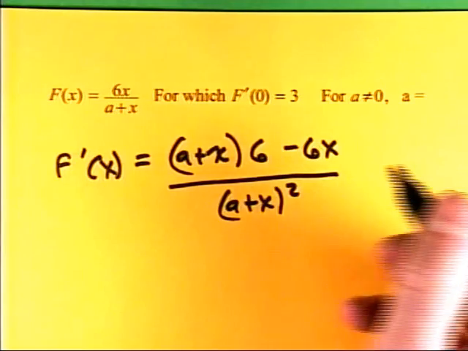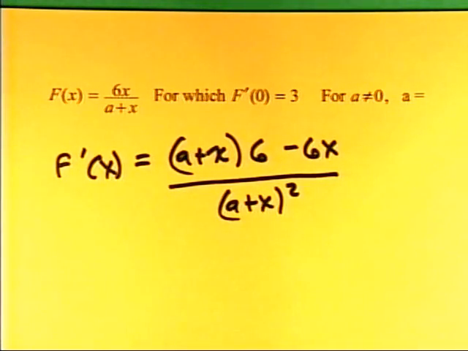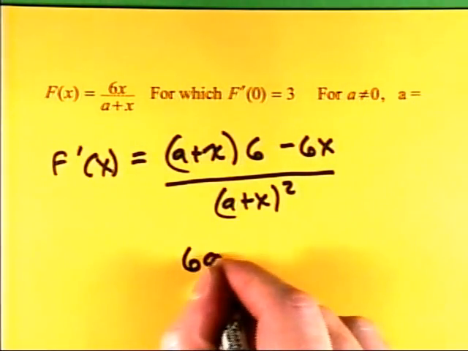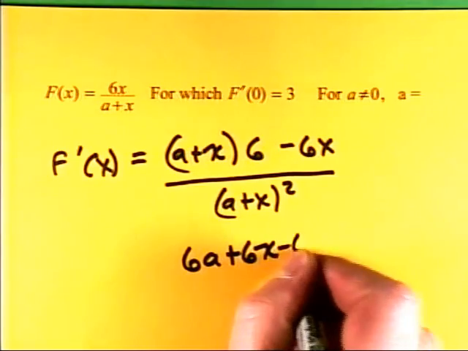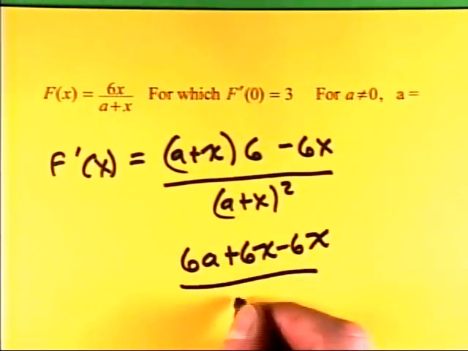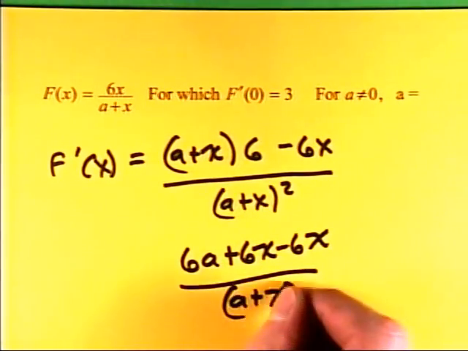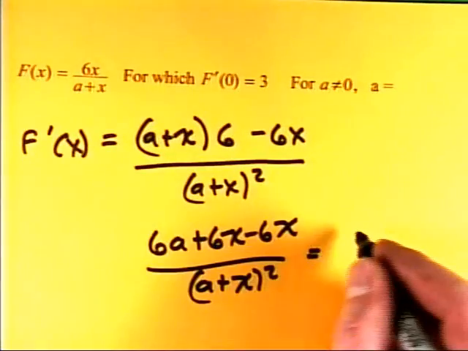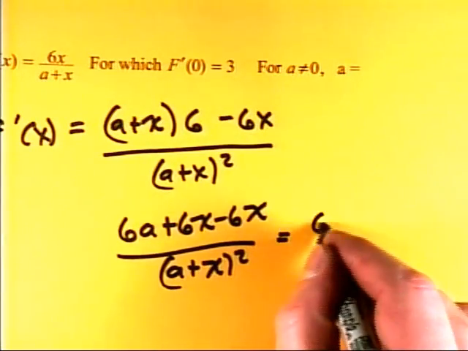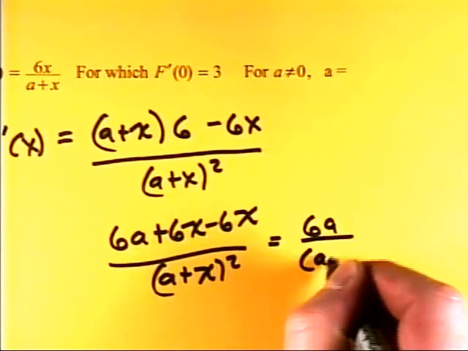Excellent. So what do we do now? Now you plug in 0 for x. Well, let's simplify first. Let's just simplify the top. How can we simplify the top? Distribute. Excellent, Rosara. 6a plus 6x minus 6x over a plus x squared, which is equal to 6a over a plus x squared.